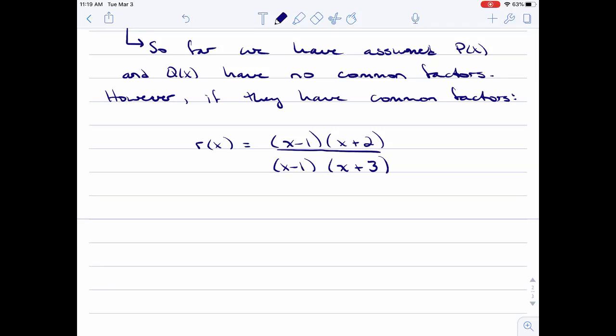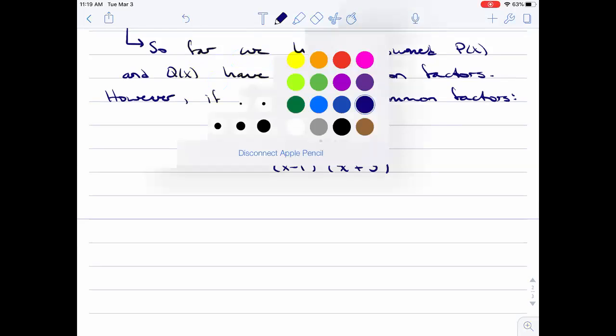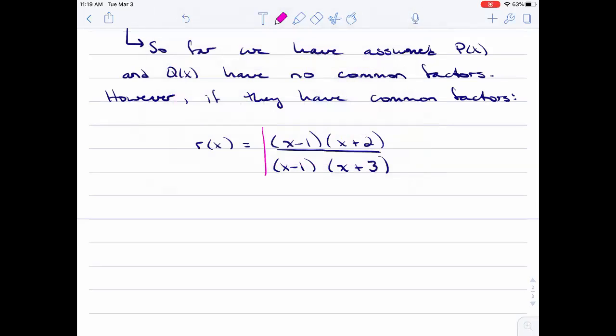What would happen here, and you might have to factor to get here to check that you don't have any common factors. So now we've got these common factors here.